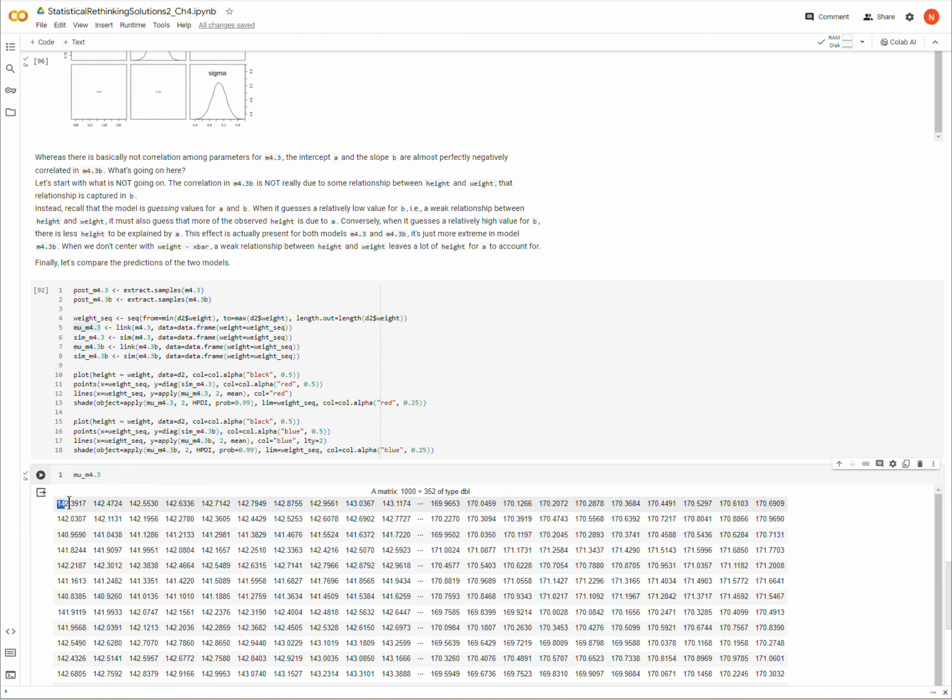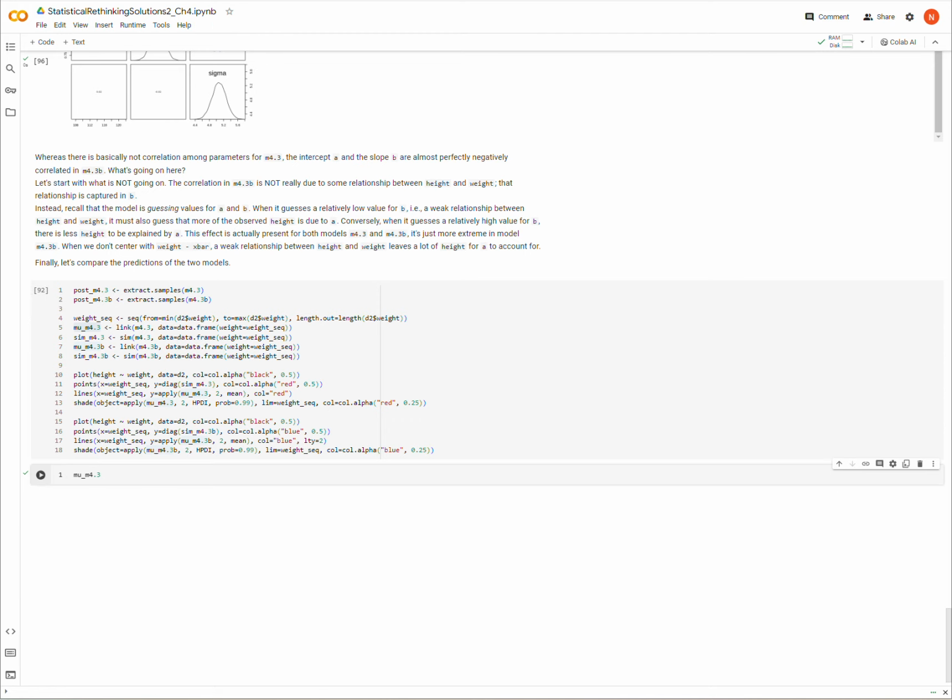As I go along this column, this is one set of parameters in the posterior for alpha and beta across all of the different values for weight, and it just marches across. The next row is going to have a different set of alpha and beta parameters, and it marches across all of the different possible weights.